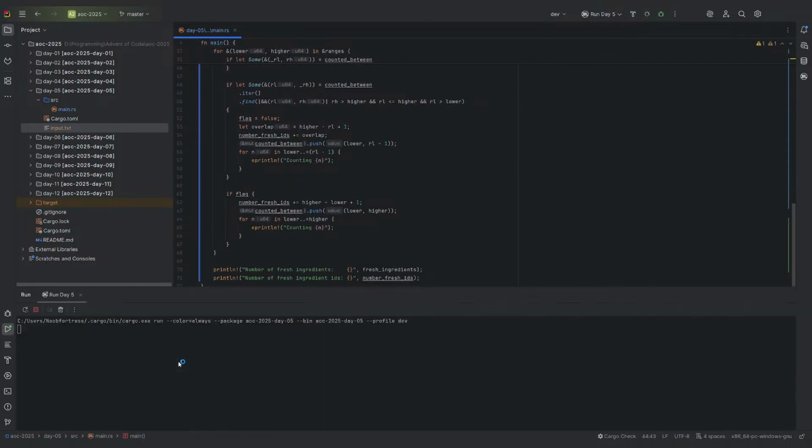Let's see what the double counts are. 3, 4, 5, 10, 11, 12, 13, 14. 14 is counted.